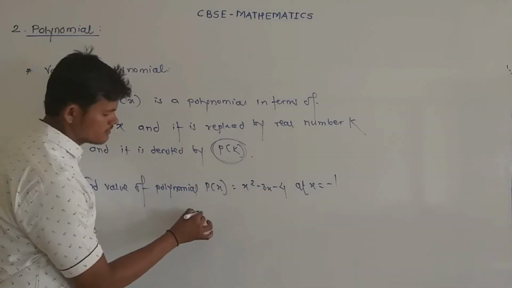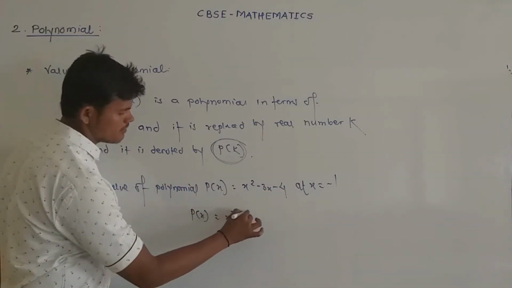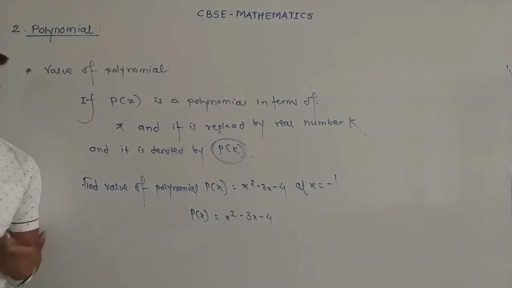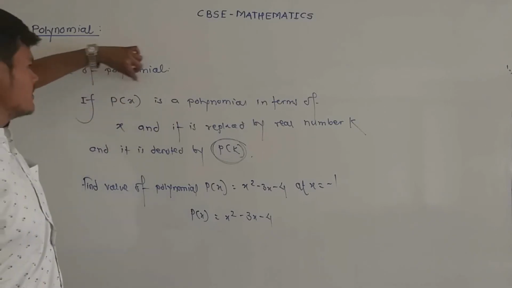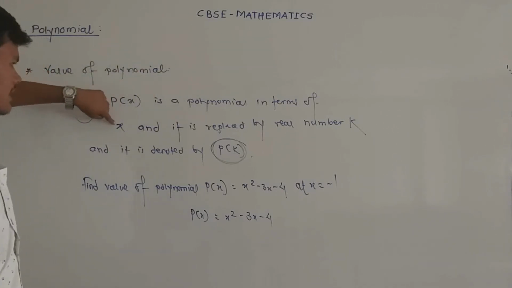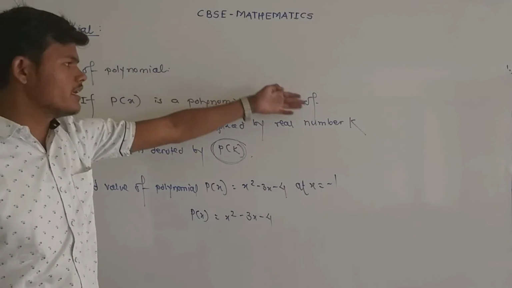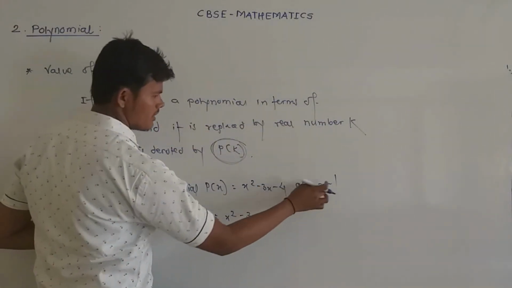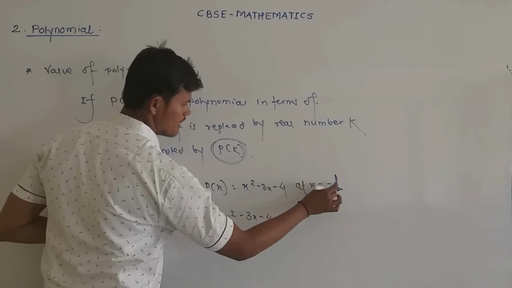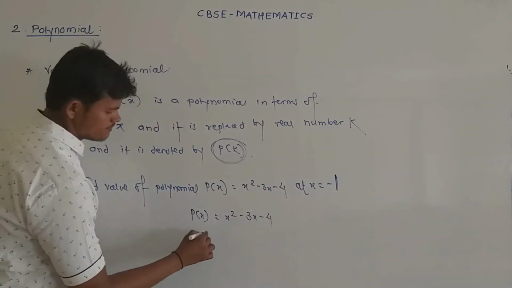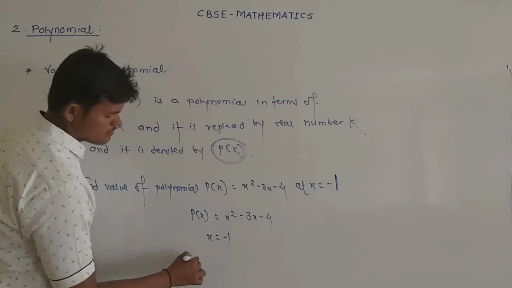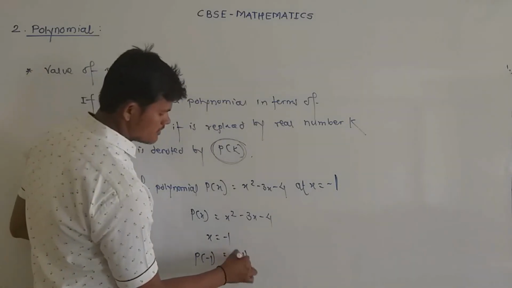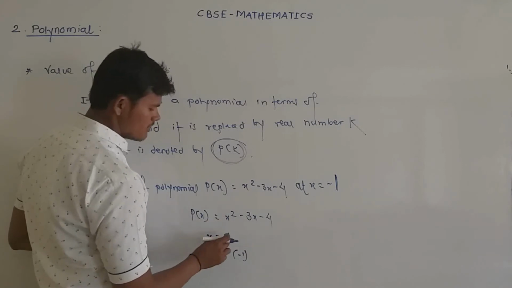So the polynomial is p of x equals x square minus 3x minus 4. And what is the value of polynomial? If p of x is a polynomial in terms of x and x is replaced by a real number k, so instead of k, now we are replacing x by minus 1. So the value of k is minus 1. So x equals minus 1, so we get p of minus 1 equals, instead of x, put x equals minus 1.